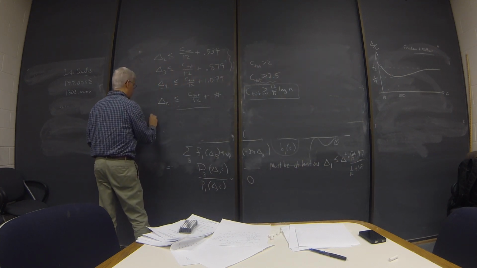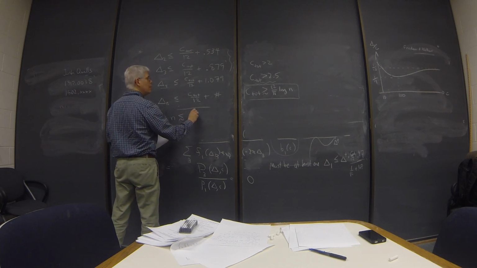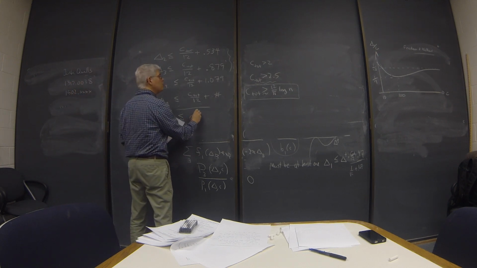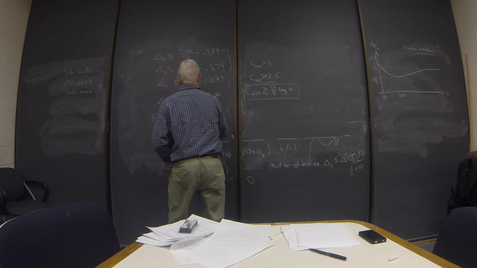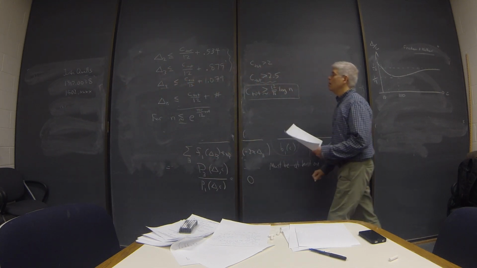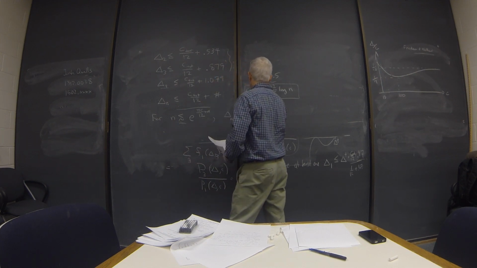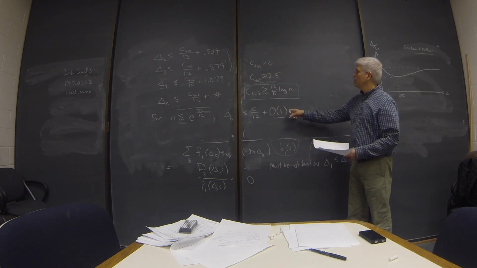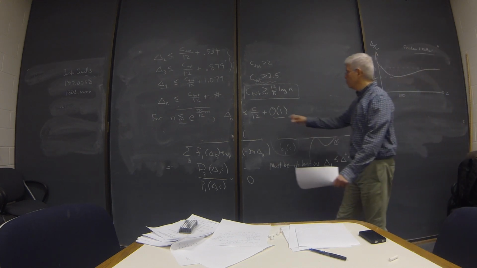So it says that for n less than or approximately equal to e to the pi C over 12, and this is valid in the large C limit, where C is the total central charge, delta n is bounded by C over 12 plus some constant which does not grow rapidly compared to C.